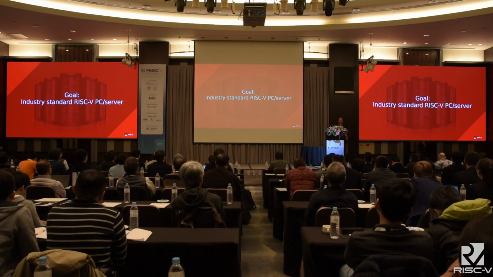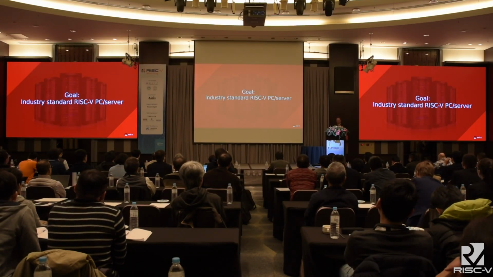We want to put Fedora on all kinds of different hardware, but if you are building this hardware, we want to know some information from you, and we want the development platform from you, and we can cooperate at a very early stage.